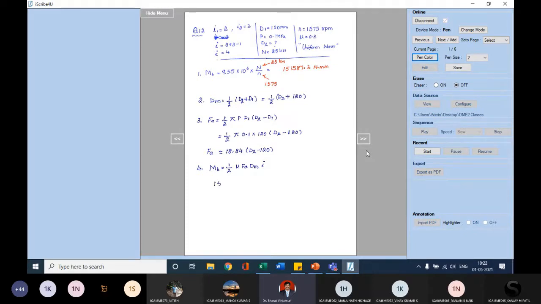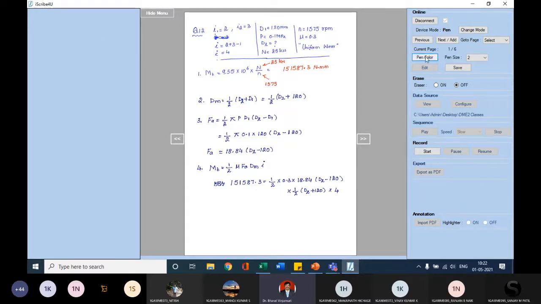I'll be substituting 151587.3. The value of mu is 0.3, FA is 18.84 (D2 minus 120), multiplied by Dm, which is half of (D2 plus 120), multiplied by i, which is equal to 4.